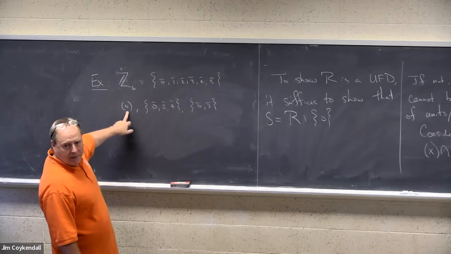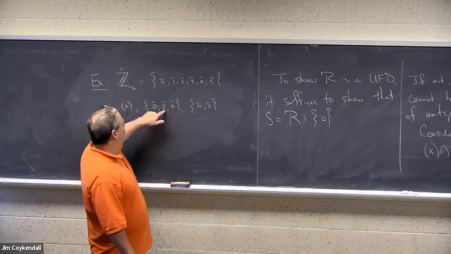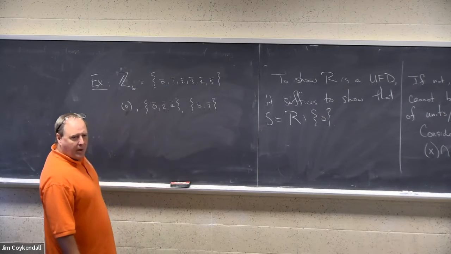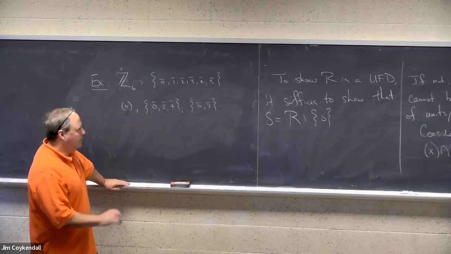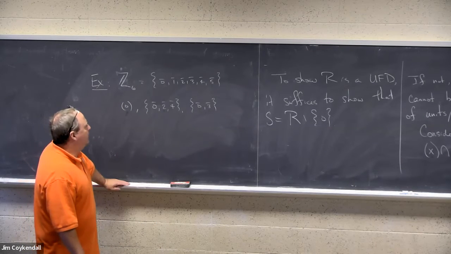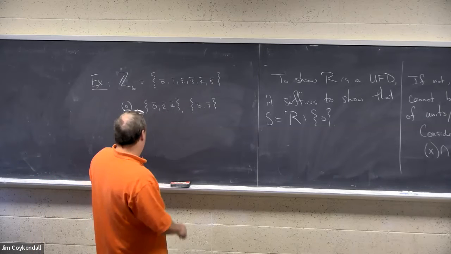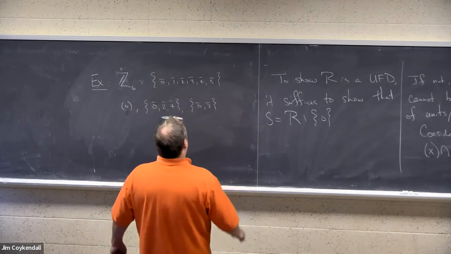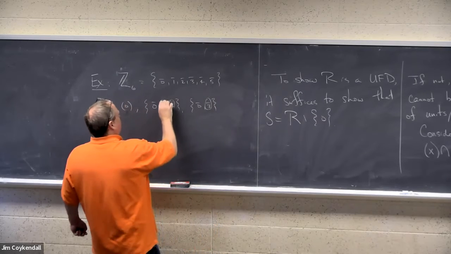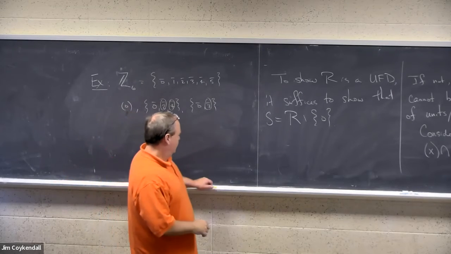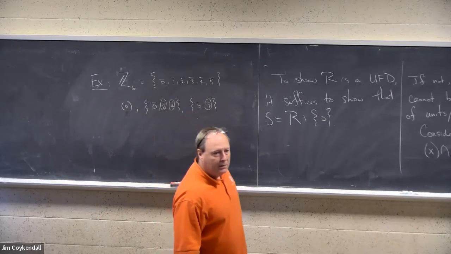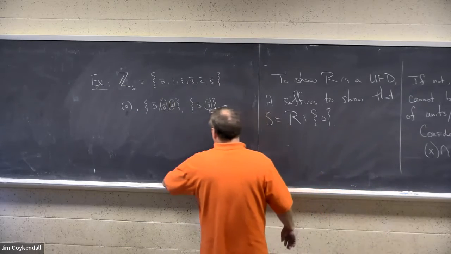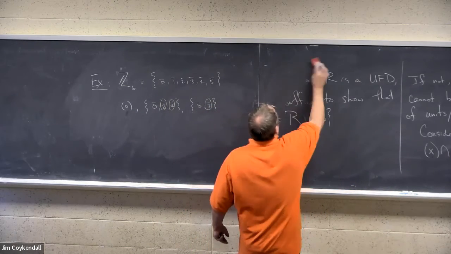This one is not prime because 2-bar times 3-bar is in there, but neither 2-bar nor 3-bar is. In fact, 0 is a prime ideal only if the ring is a domain, so that's off the table. However, these 2 ideals are prime and they contain prime elements. It's certainly non-zero, because those elements generate the ideal.